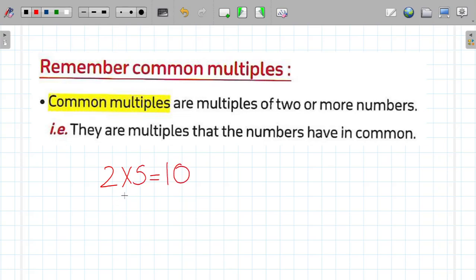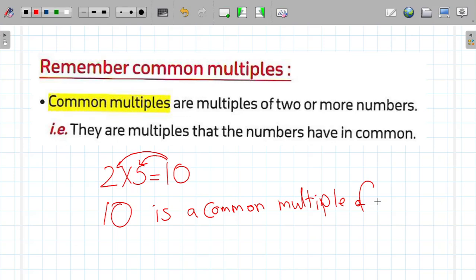So here I can say that 10 is a multiple of 5 and 10 is a multiple of 2. So I can say that 10 is a common multiple of 2 and 5 at the same time. 10 is a common multiple of 2 and 5.